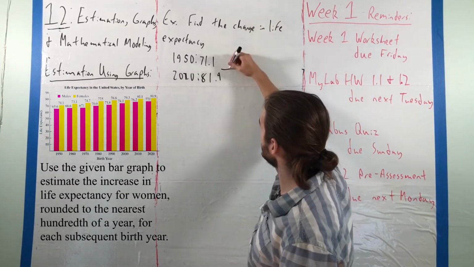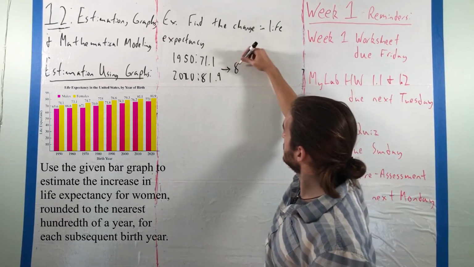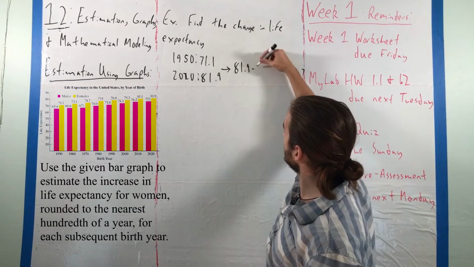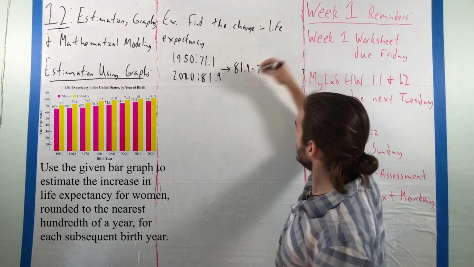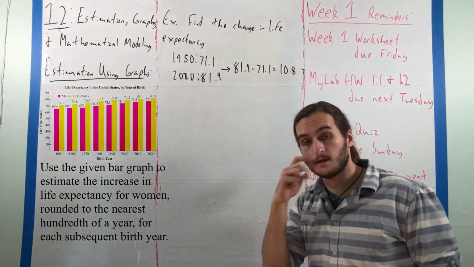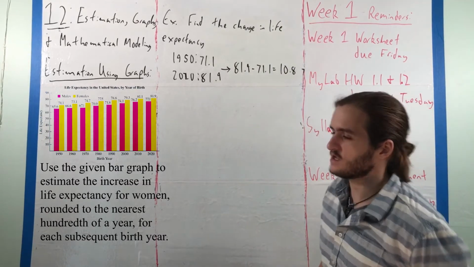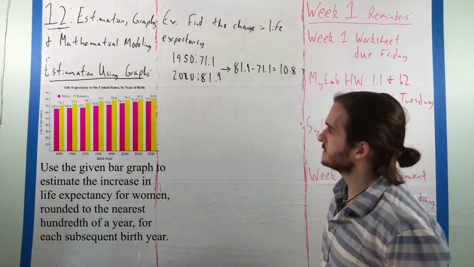So put these two pieces of information together, and the change in life expectancy was 81.9 minus 71.1, or 10.8 years of life expectancy. Would that be 10 years and 8 months.